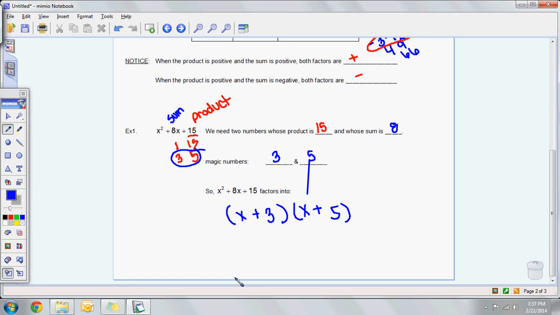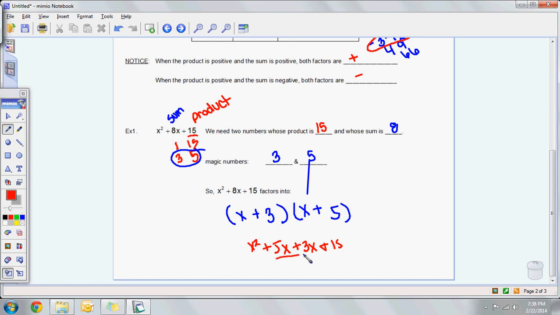Okay? So if I were to FOIL this out, and I'm just going to show you this once just to show you what we're doing, it should come out to be this trinomial. So if I do FOIL, I would get x squared, and then outer would be 5x. You do not have to do this, inner, but this is a good way to check. 3 times 5.